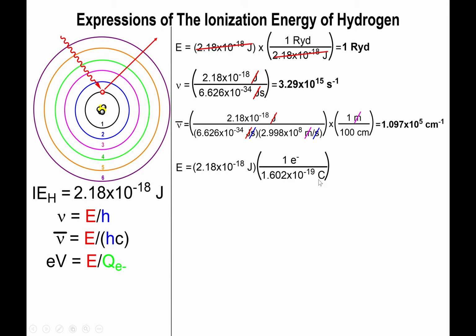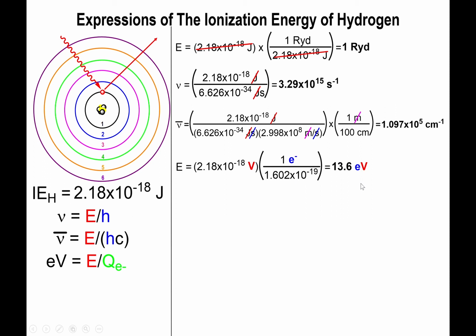Joules divided by coulomb is the same thing as volts, and here you can see volt times electron is what we call the electron volt. So divide 2.18 times 10 to the negative 18 by 1.602 times 10 to the negative 19, and you find out that the ionization of hydrogen is equal to 13.6 electron volts.